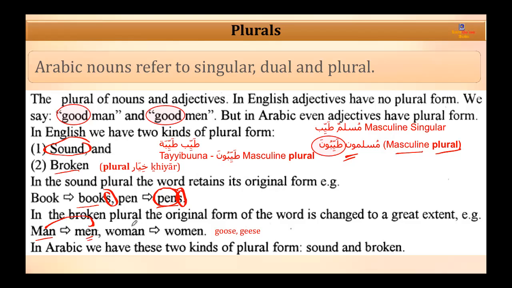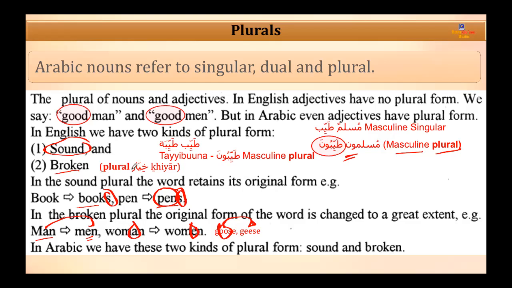If you look at the word goose, the two O's over here change to E's. So this shows that the structure of the word has somewhat changed, right, in order to make the plural. It's not the same letters. It's not intact. This is called a broken plural.